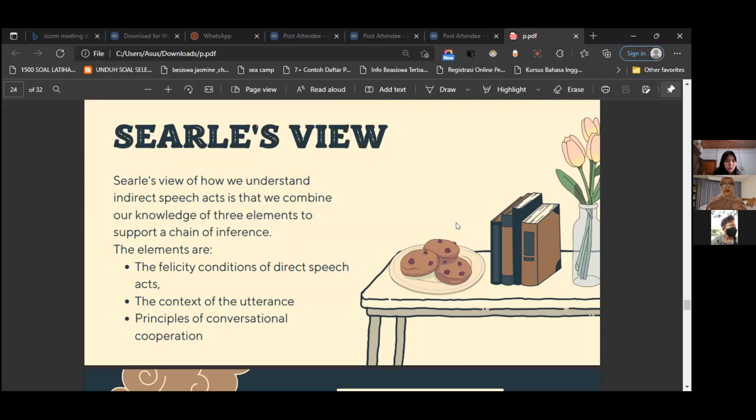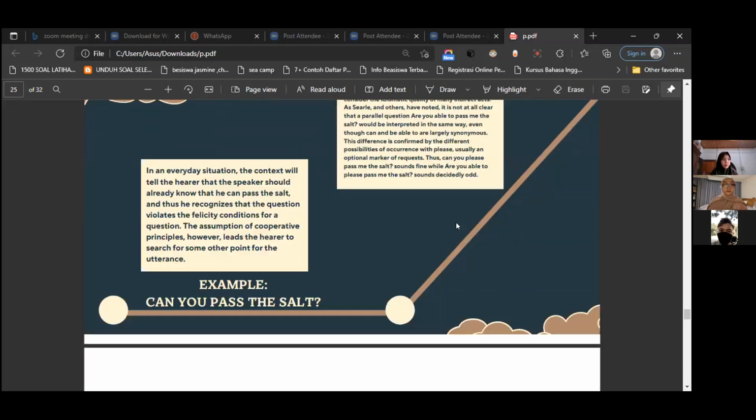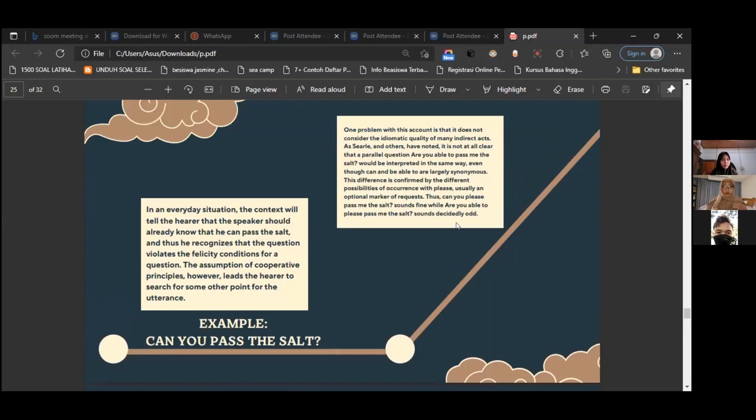So we can briefly sketch how these three types of knowledge are used in this chain of reasoning by looking at the example in the next slide, please. So the example is, "Can you pass the salt?" In an everyday situation, the context will tell the hearer that the speaker should already know that he can pass the salt, and thus he recognizes that the question violates the felicity condition for a question.